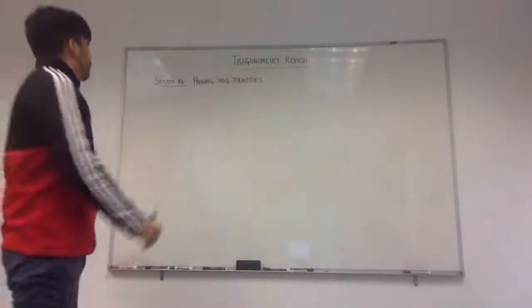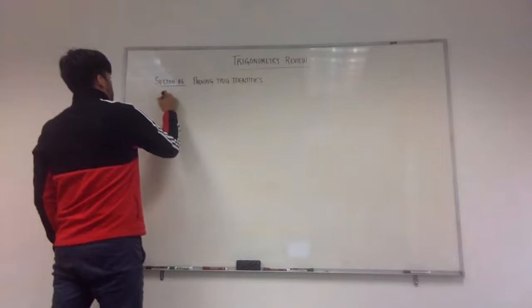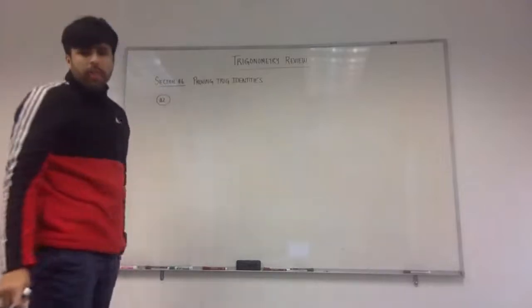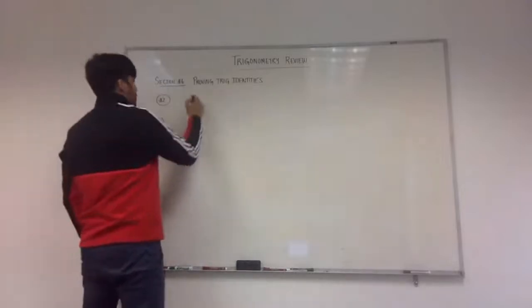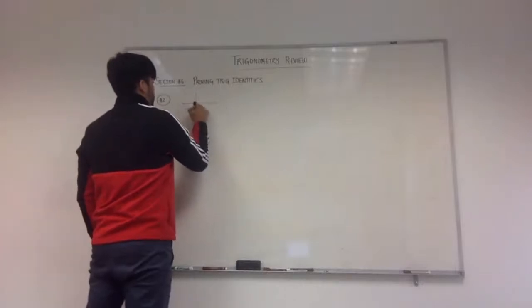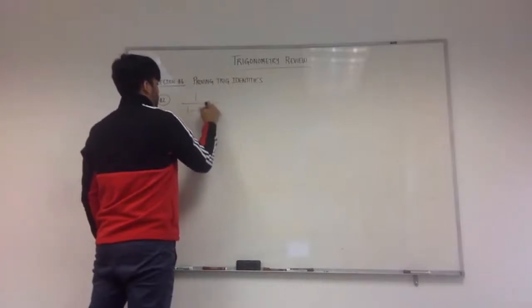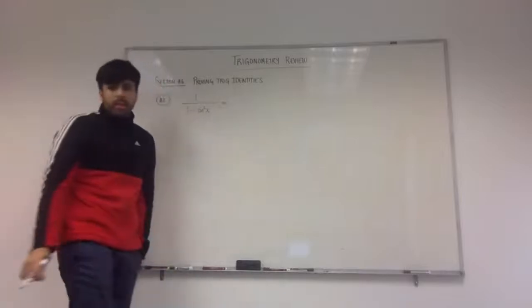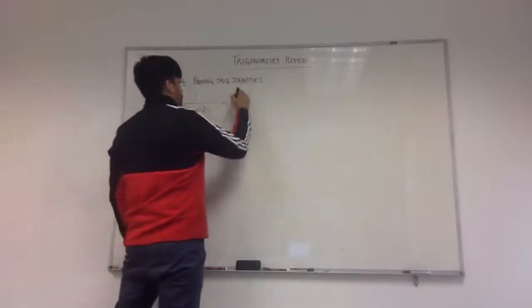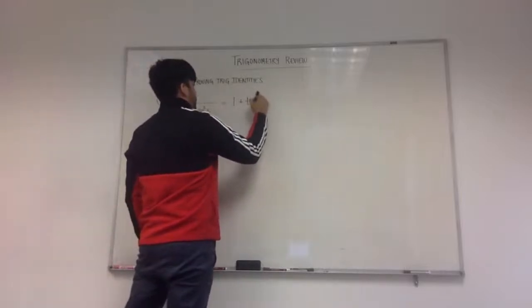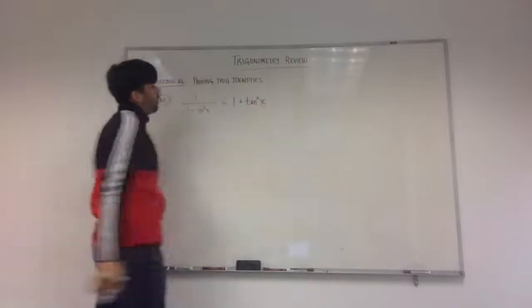So let's look at number 2. Number 2 says 1 over 1 minus sine squared x equals 1 plus tangent squared x.